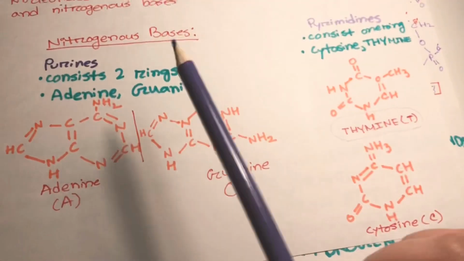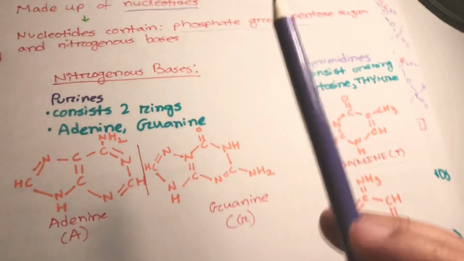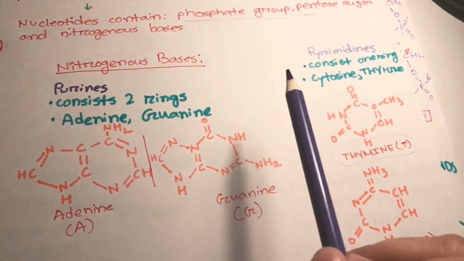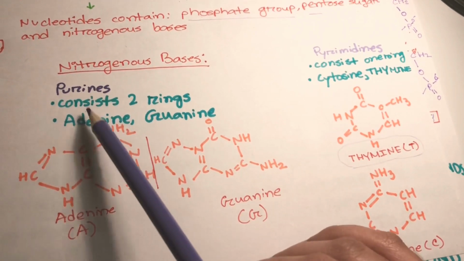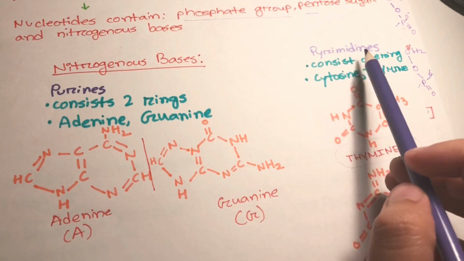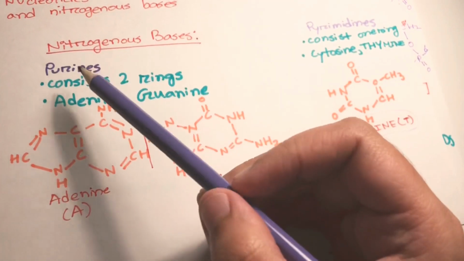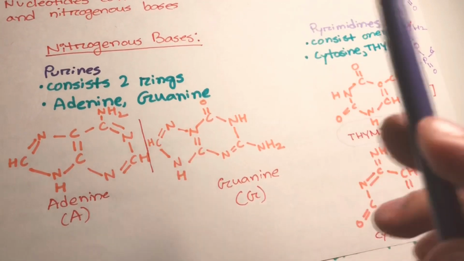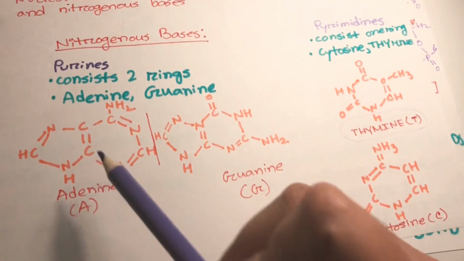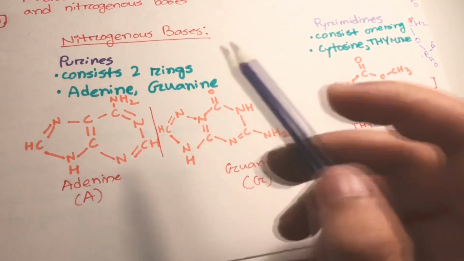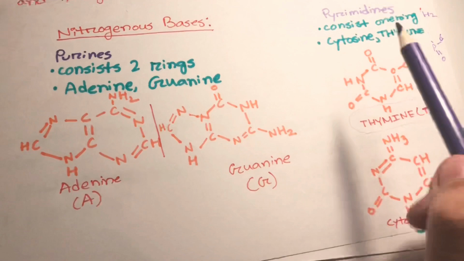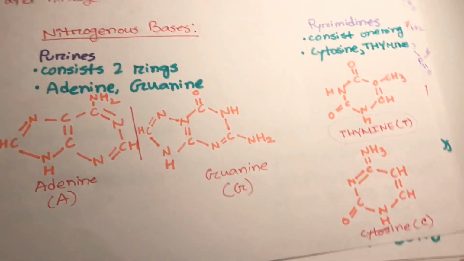Let's look at the nitrogenous bases we have. There are 2 types: one is purine and another is pyrimidine. The difference between these two is that purines have 2 rings in their structures and pyrimidines have only 1 ring.